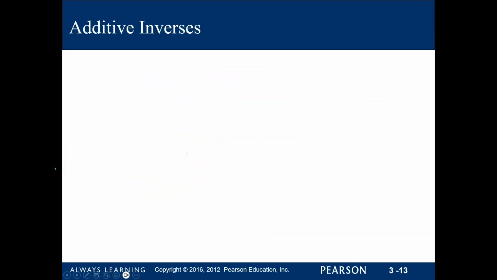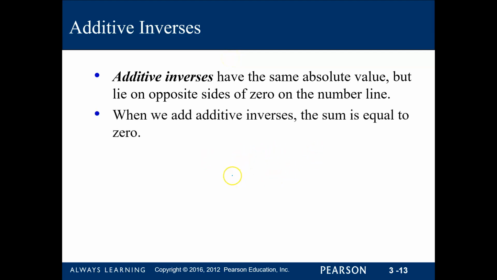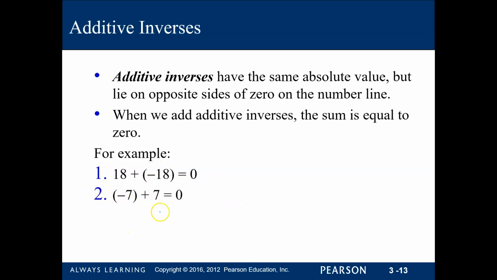Now, when we talk about additive inverses, these numbers have the same absolute value, but if you add them, their sum will be 0. They are like opposites of each other. So you have +18 and -18. If you add them, that's going to be 0. If you have -7 and +7, you add them and get 0.